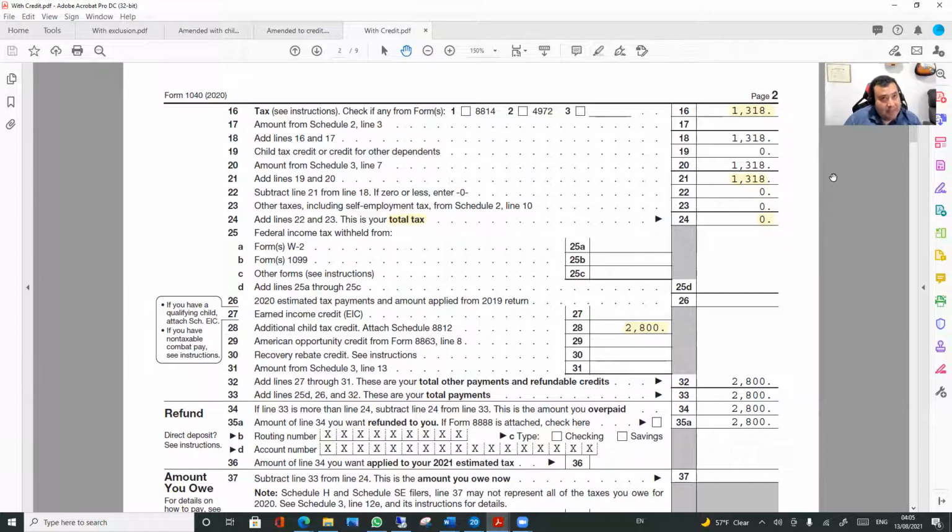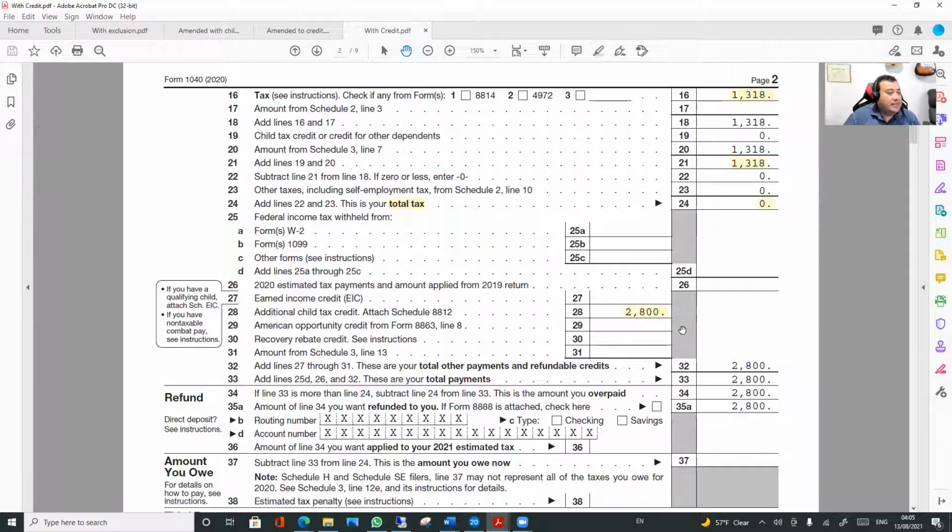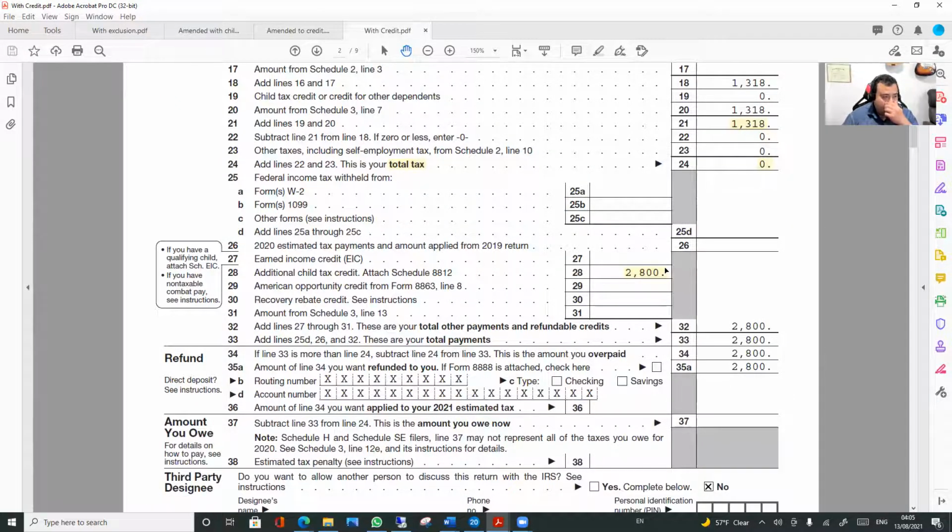The foreign tax credit available will cancel out the US tax, so they will end up with 0 tax anyway, but they will get the child tax credit. This person has 2 children, so he gets $2,800, $1,400 per child. If he had 3, he would get $4,200.